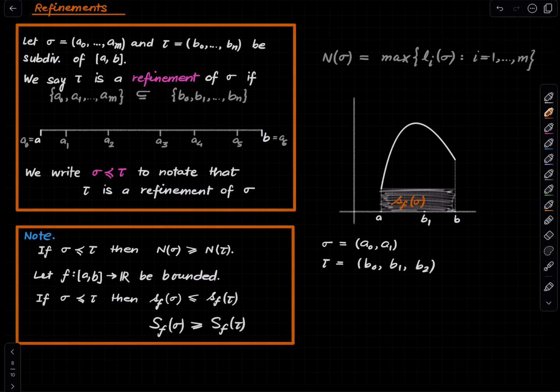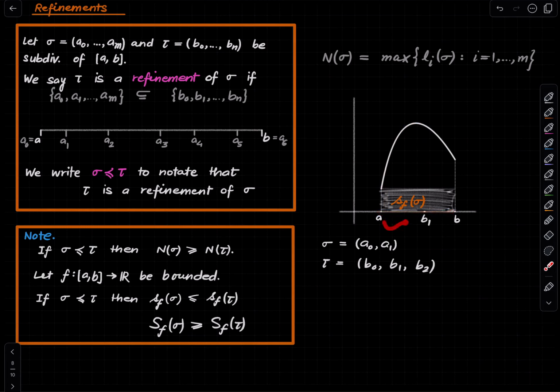What about the lower sum with respect to tau? So there we will take the infimum over this part and multiply with this length, and infimum over that part and then multiply with that length. But both these infimums are definitely at least the infimum of the function over this entire thing. If you take the infimum over a smaller region, you will obtain a possibly bigger value. You cannot obtain a lower value. The bigger the region you take to take the infimum, the smaller the value you get.